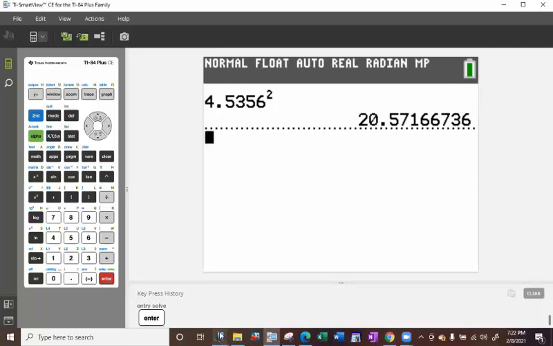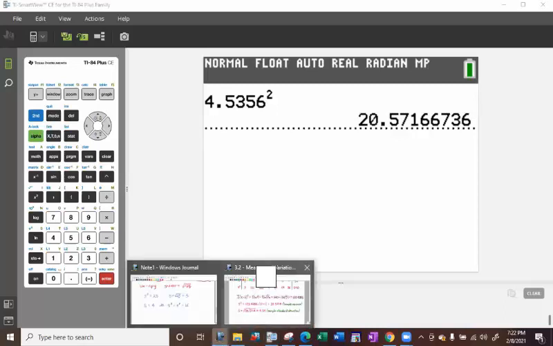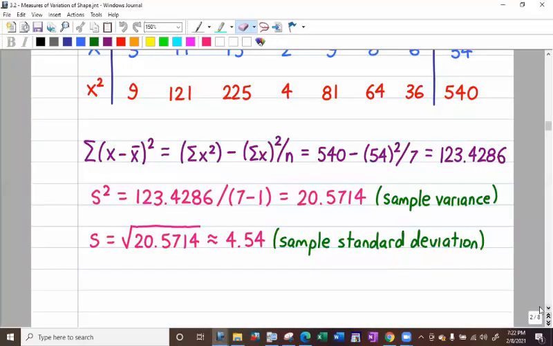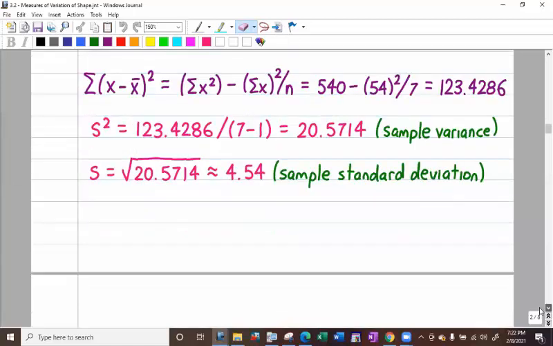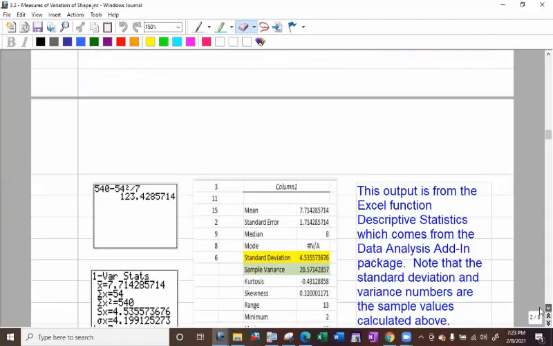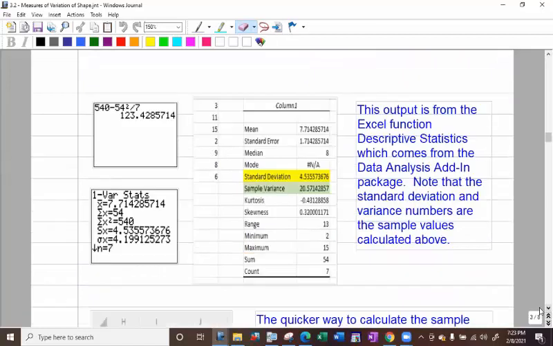So you might be thinking, yeah, just show me how to do this in Excel. Fair enough. A couple ways you can do it. The same values. We can use this thing called Descriptive Statistics, which is fine. You would have to make sure the data analysis add-in package is on your Excel. Let me bring up Excel. I know how to do it pretty well on a PC.